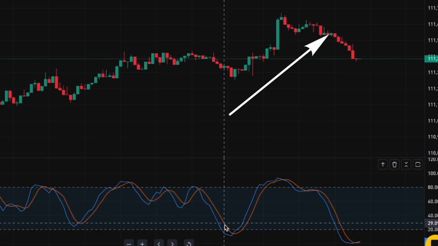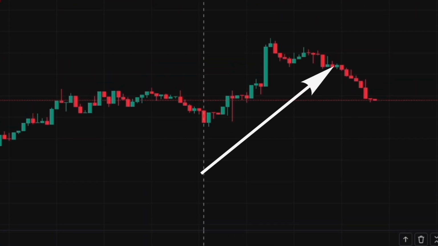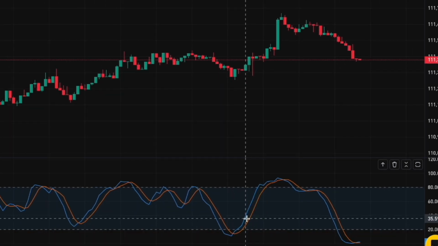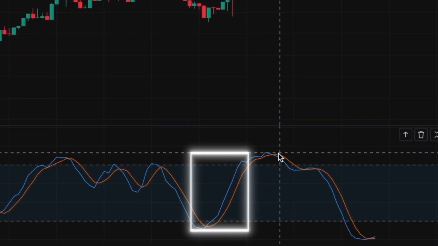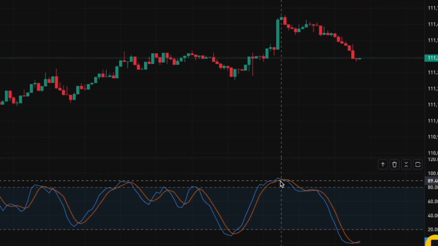And vice versa. When both lines enter the upper zone, it means that our chart has been growing for a long time and has reached the point where it trades on average more expensive than it did over the previous 15 candles. And as I said, charts often tend toward their mean, and they often bounce down from overbought levels.